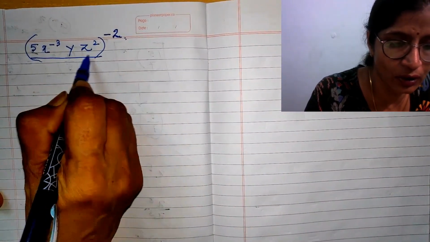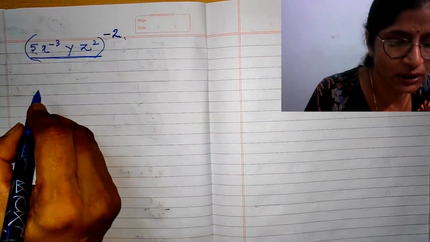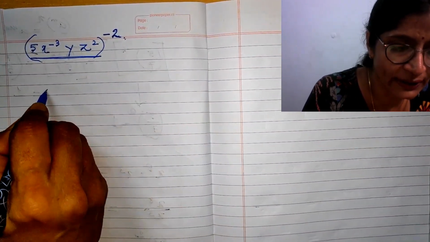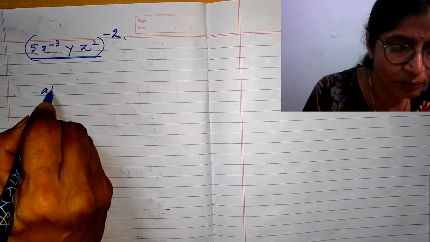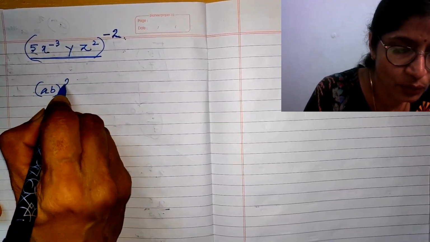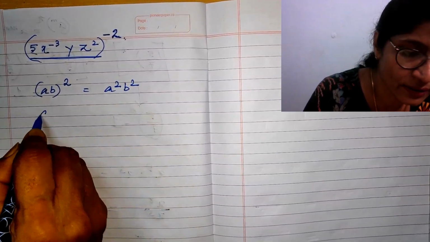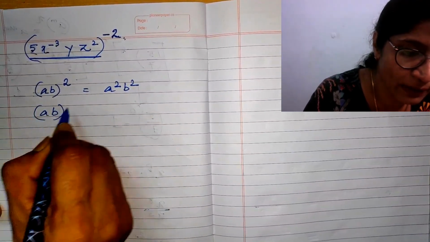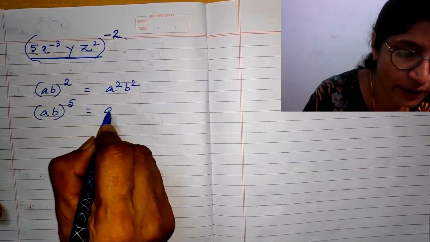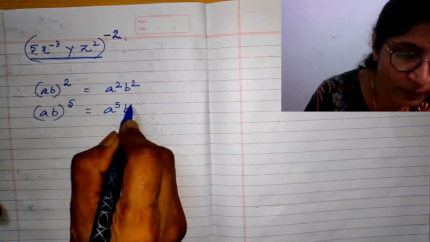This is for all of these, because I told you that suppose I write ab to the power 2, then it is equal to a square b square, or I write ab to the power 5, then it is equal to a to the power 5 b to the power 5.